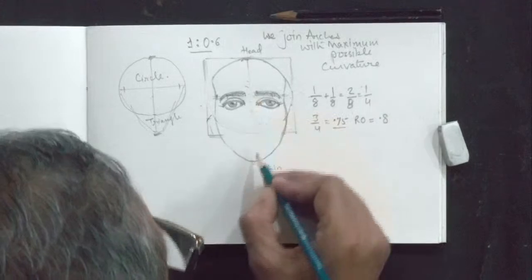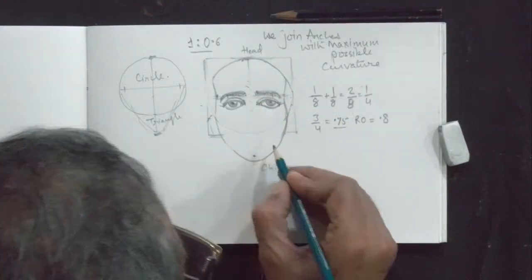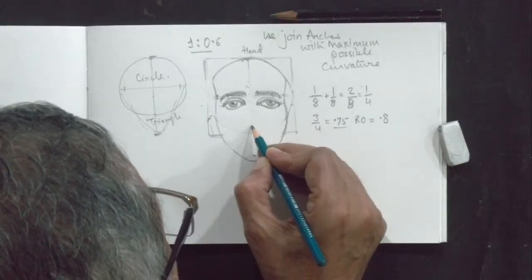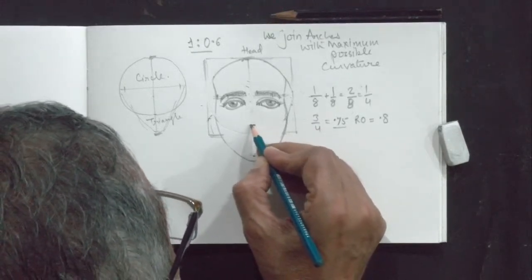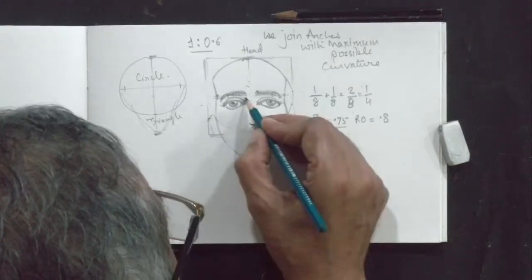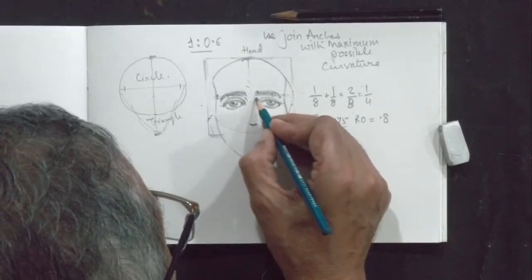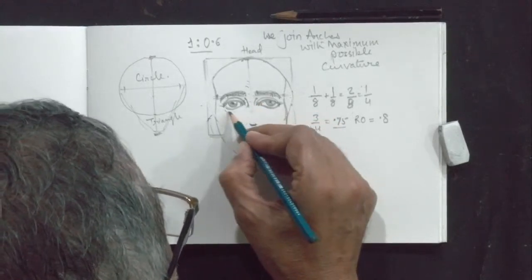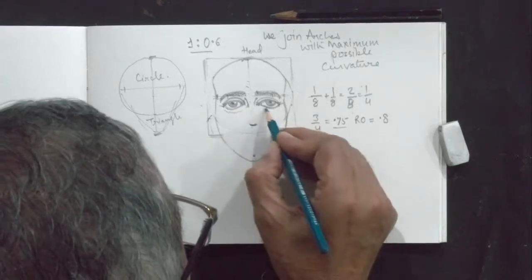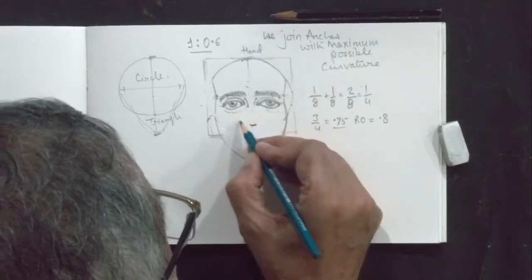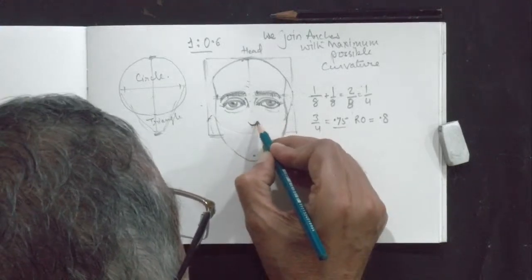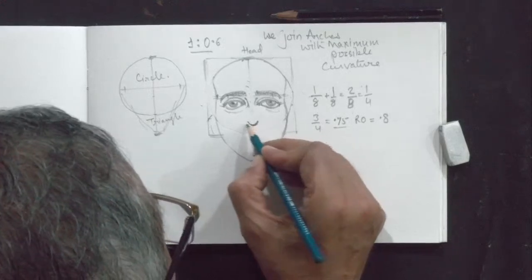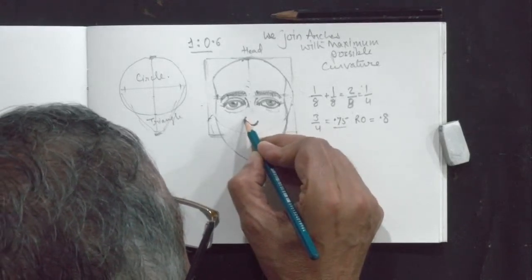Between the eyebrow and the upper part of the chin lies the tip of the nose. And always remember, the nose starts from the eyebrow and not from the corner of the eye. Accommodate the whole eyeball here. A little spread out tip of the nose so as to accommodate the nostril.